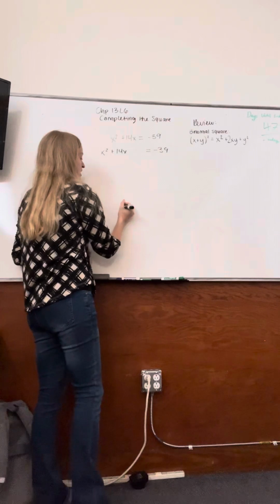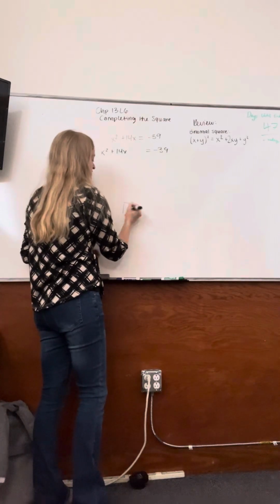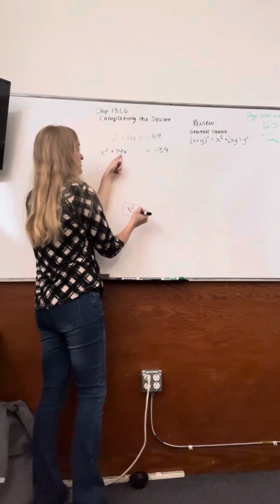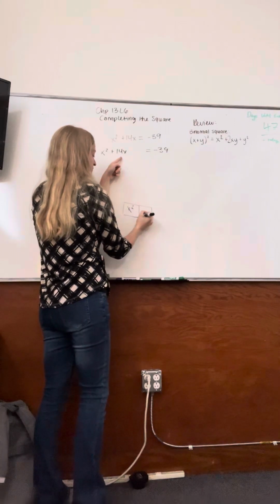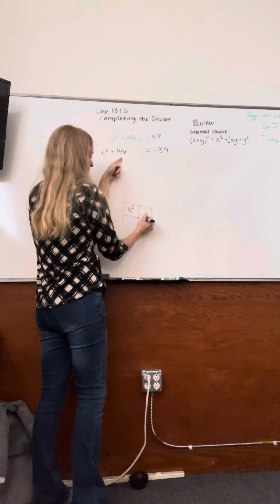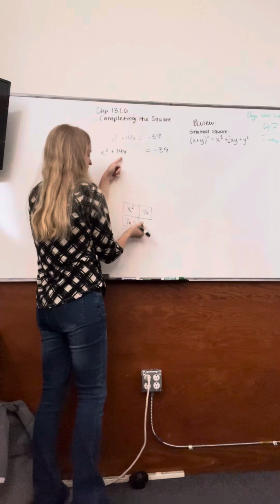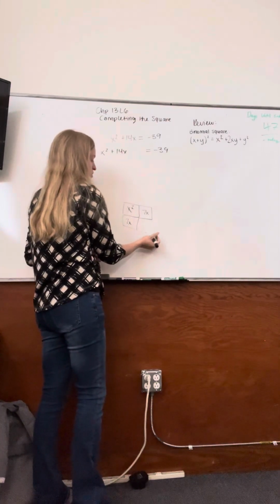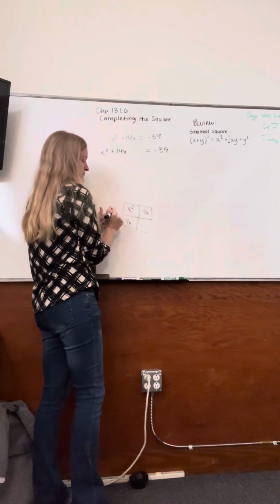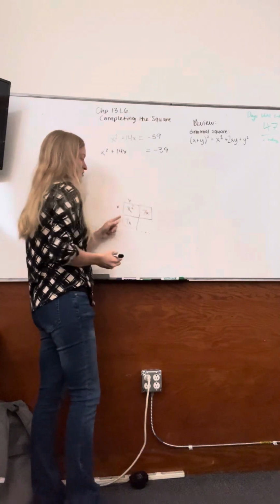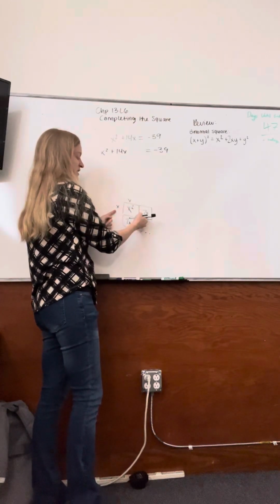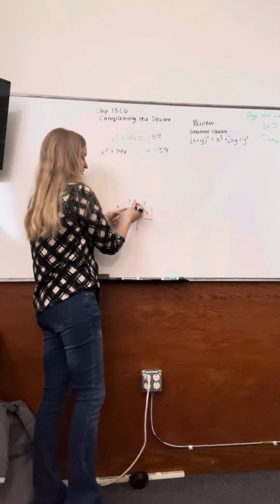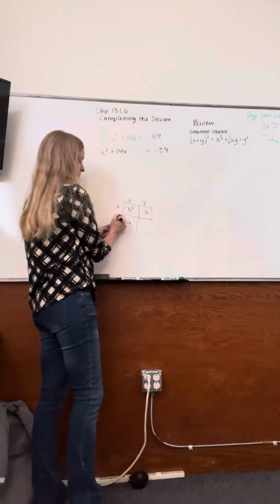So I'm going to set up my numbers. I'm taking my x squared. I'm splitting this in half. What is half of 14x? 7x. Then I need to find what this number is. What times what is x squared? x. x times what number is 7x? 7.